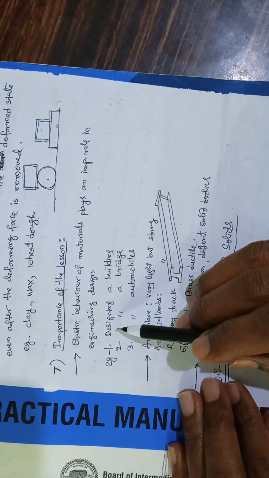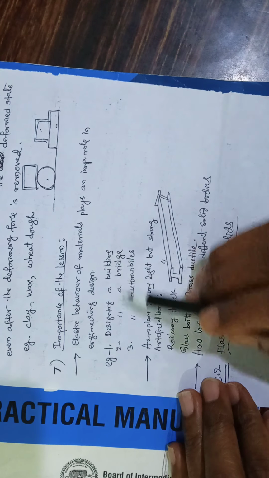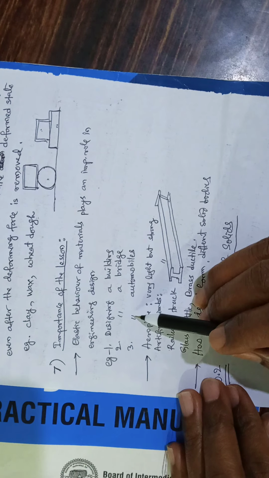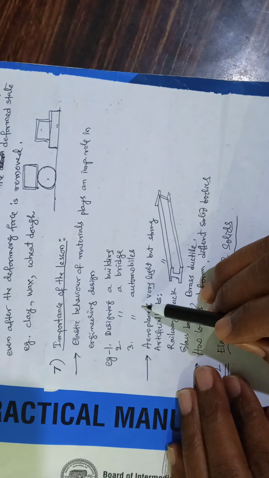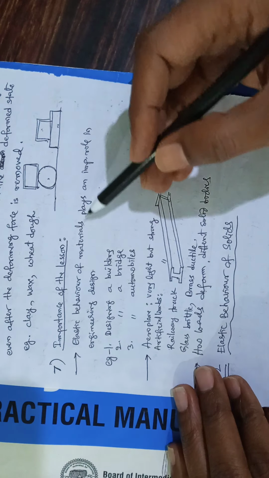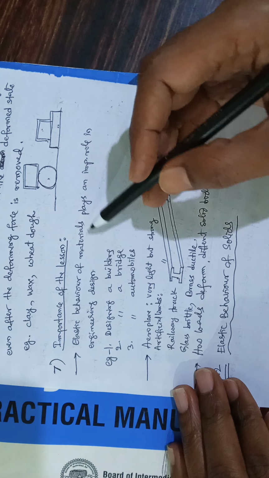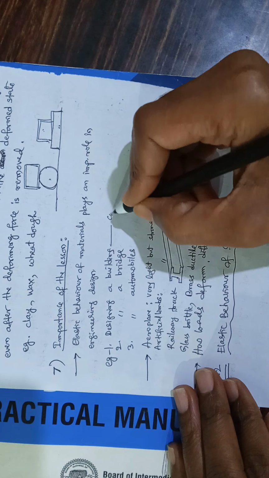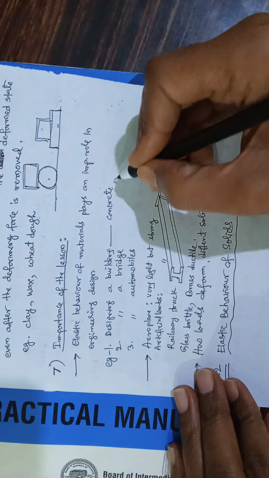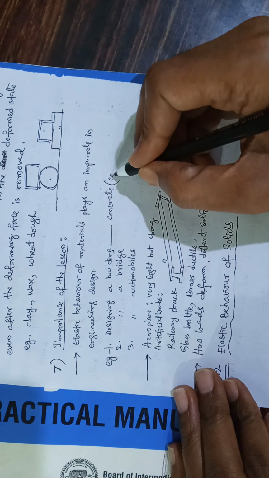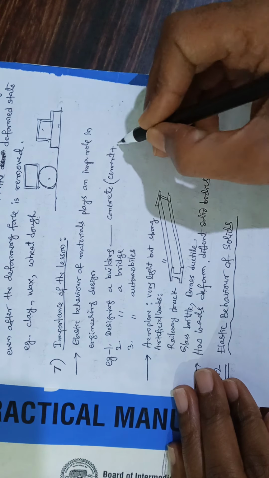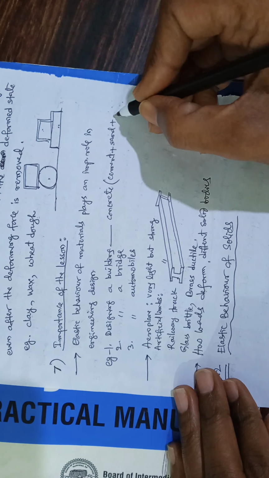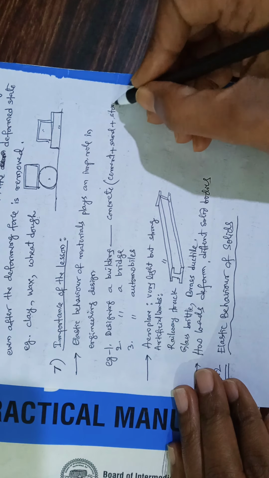For example, while designing a building, a bridge, or automobiles, the elastic behavior of materials is necessary. To construct a building, you want concrete. Concrete is a mixture of cement and sand and stone pieces.